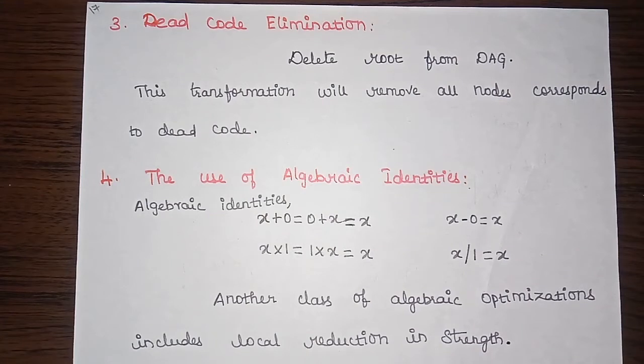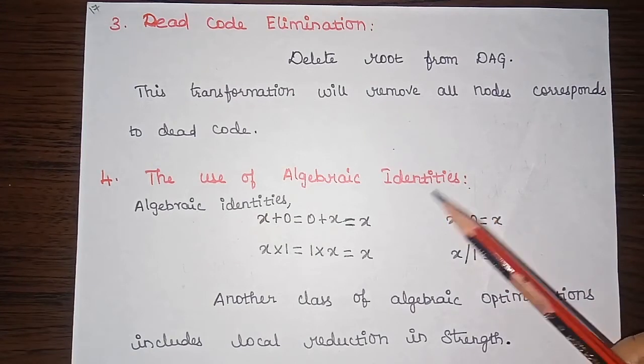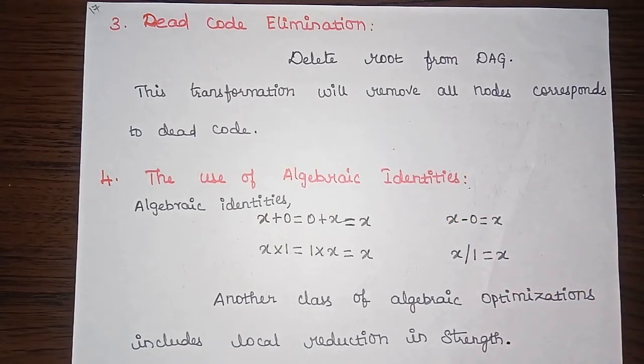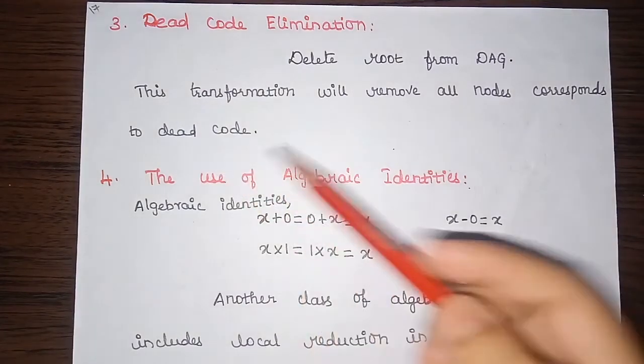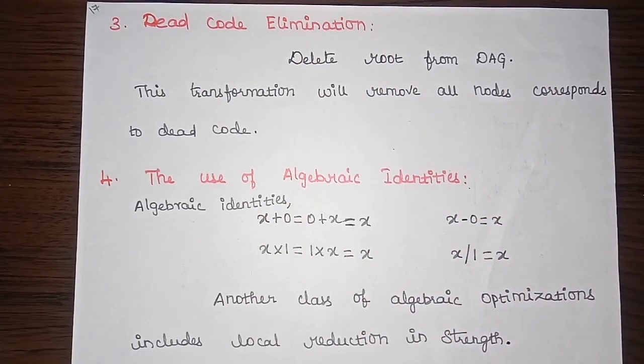That is, here we are going to delete from the DAG any root that has no live variables attached with it. So from the DAG we are going to delete the root node, and that root node does not have any live variables attached with it. So if that kind of root nodes are deleted, then we can say that it is a dead code elimination.